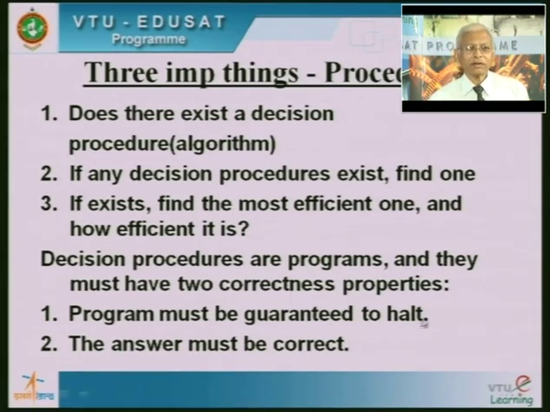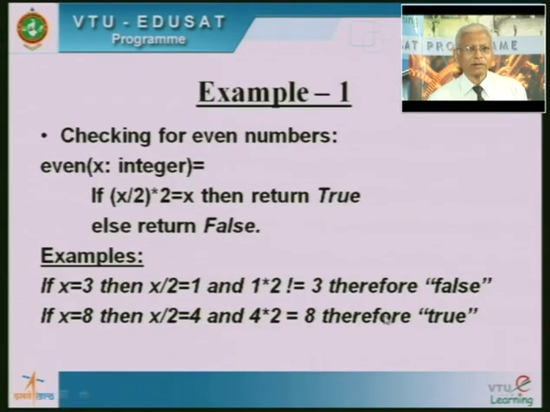If it does not halt, then you do not know what is going on. The answer must be correct. These two are the essential requirements of a program, and you have written many programs. Even if it gives the answer quickly, if it is not correct, then it is a worthless program. And if it goes into an infinite loop, you do not know what is happening. So, these two are very important requirements.